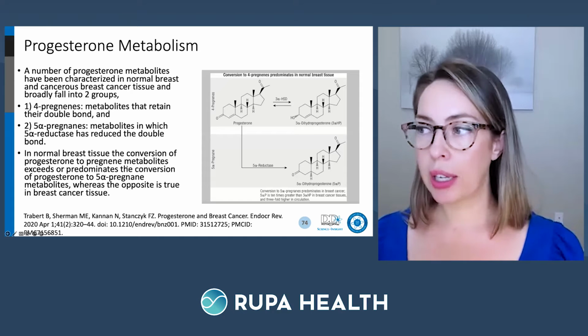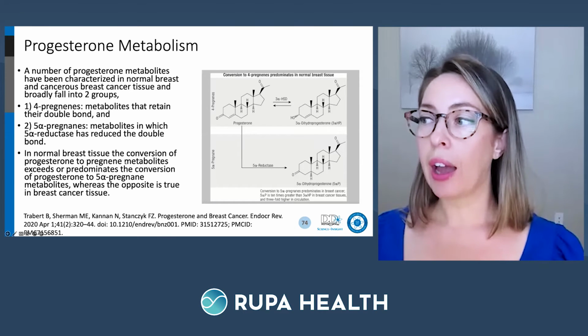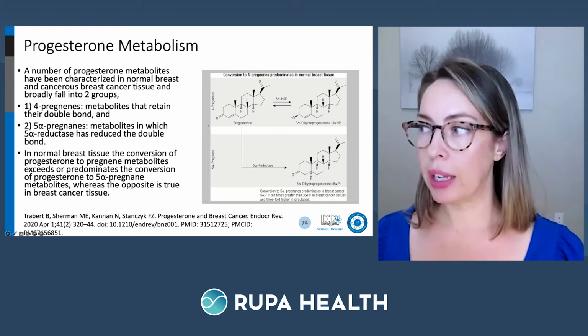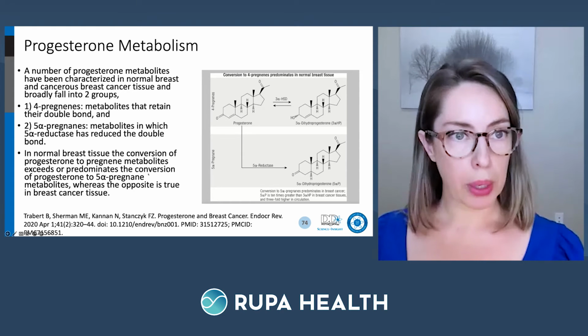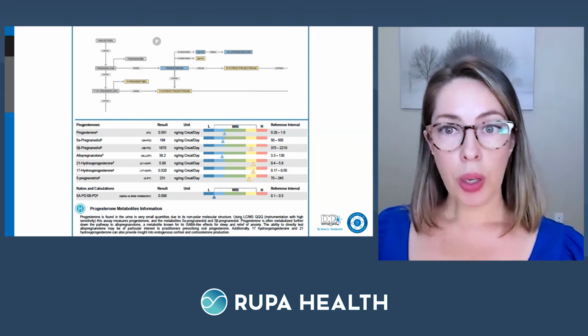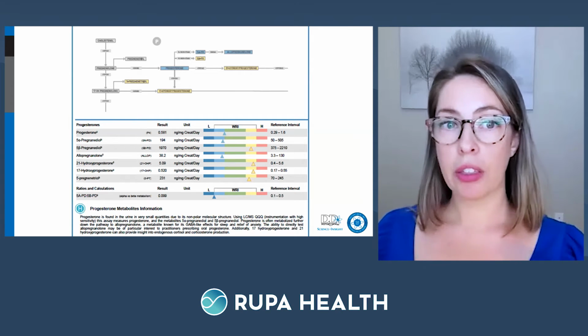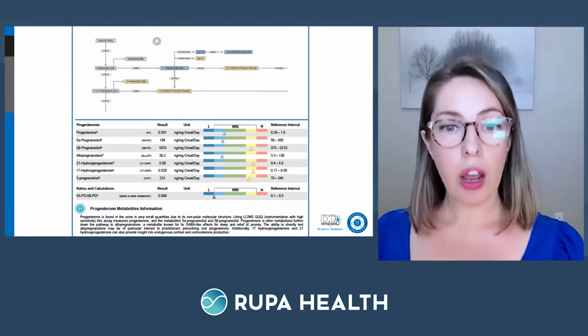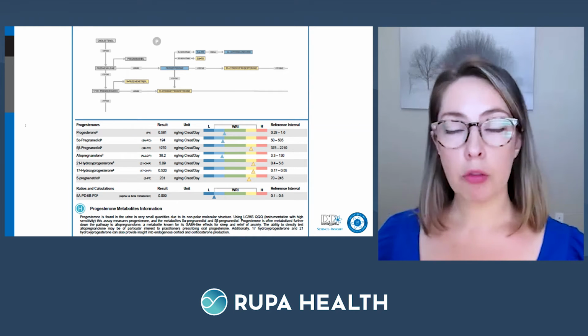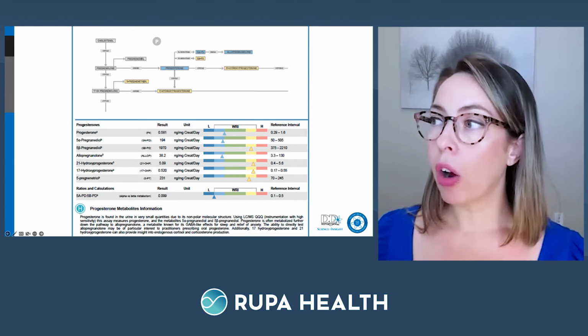We're starting to see some research saying that when the pregnanes are higher than the pregnenes, there's an increased risk of breast cancer. So it's new, but I do think that's potentially something to look at. Not all labs are reporting the difference between the different types of pregnenolone, but they are right here.